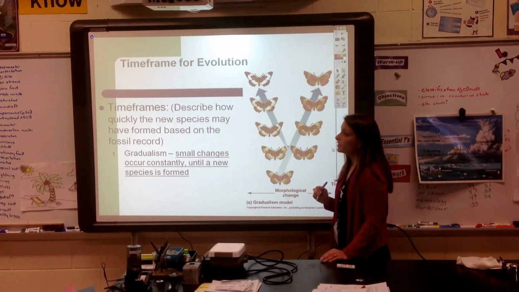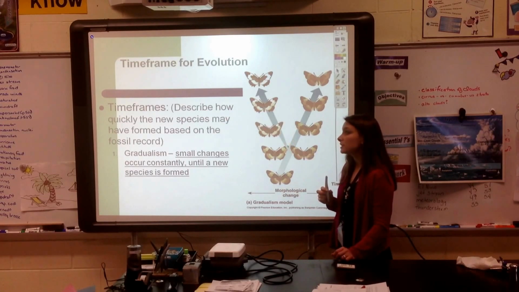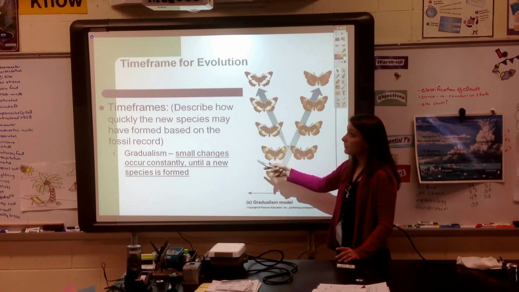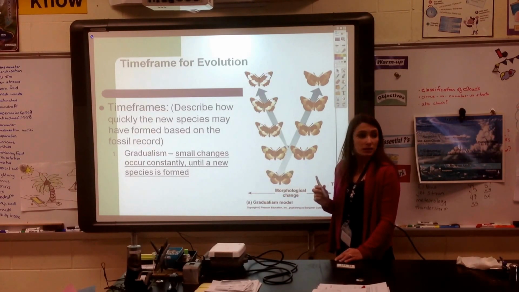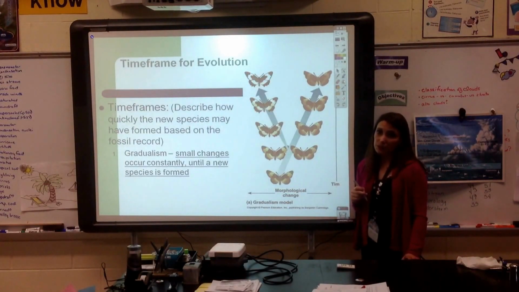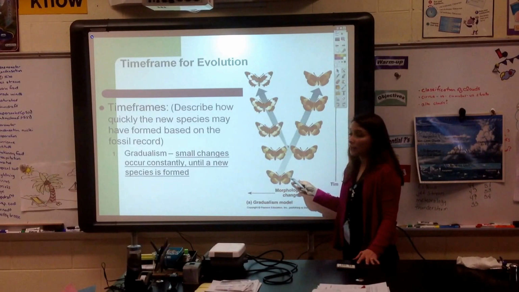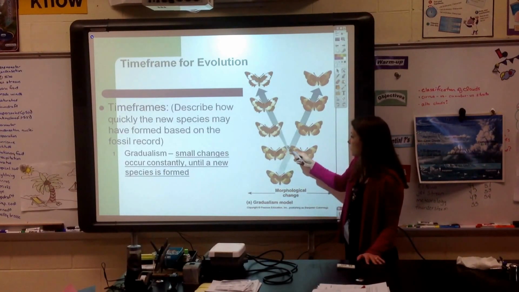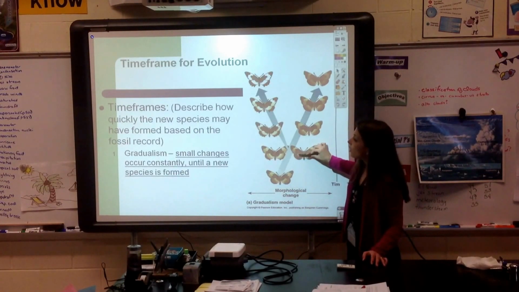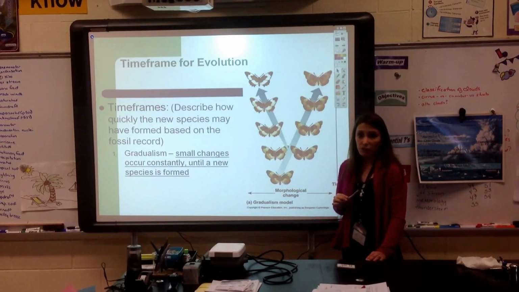The fourth thing that we need to know is the time frame. Time frames describe how quickly a new species may have formed, mostly based on the fossil record. The first time frame that we see is gradualism. Small changes occur constantly until a new species is formed. So this is a really good picture because it shows us, for example, this butterfly or moth. And we see some mutations. We start to see that they're different. And these mutations occur all the time, but they slowly result in two different species.